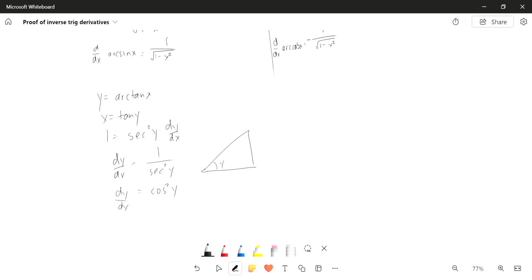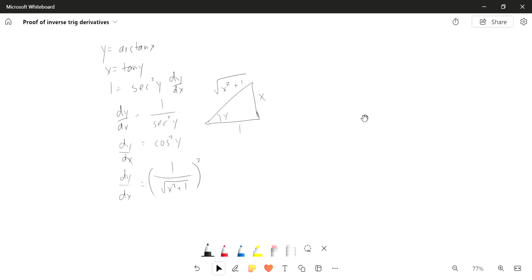So now if we were to draw a triangle, this is the angle y, and then opposite over adjacent is x, so x and 1. And then that means this side has to be the square root of x squared plus 1. So that means cosine, which is adjacent over hypotenuse, is 1 over the square root of x squared plus 1.